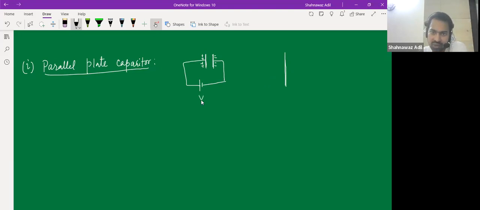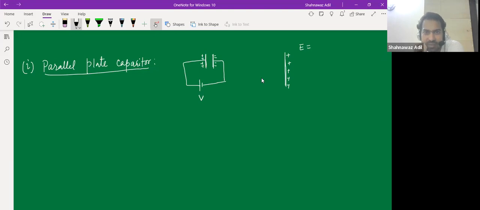If this plate is positive, what is the electric field of this plate? You guys remember? Yes, Tarif, Shaviz, Faiza, we extensively did this problem.